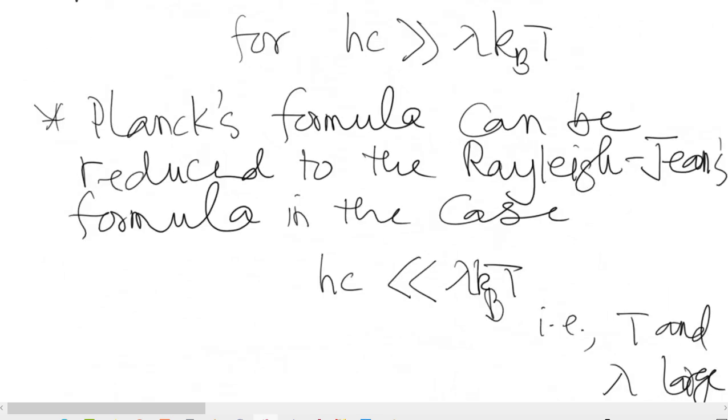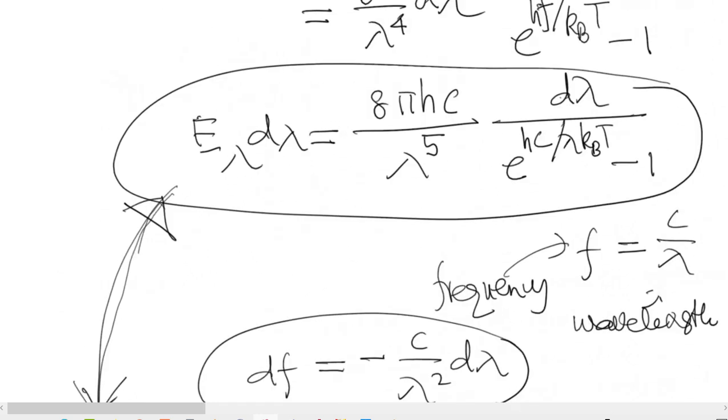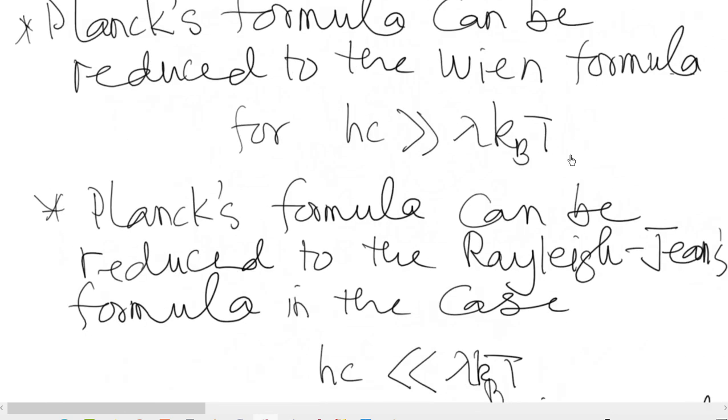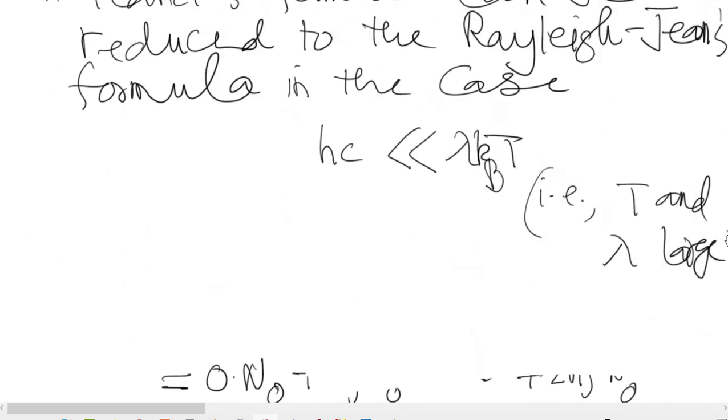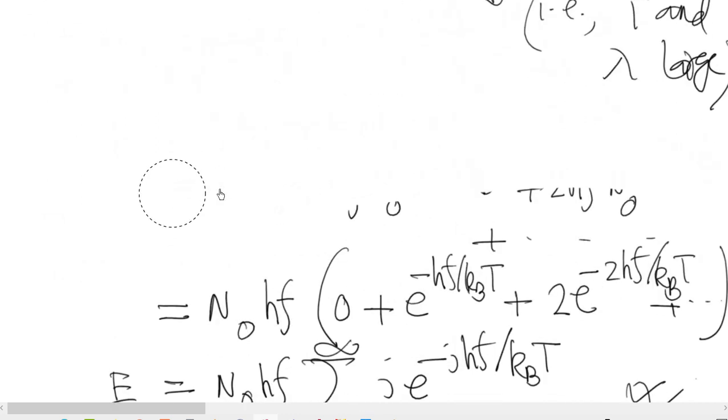And in the previous case, in the Wien's formula, lambda and T are small. I think this will be clear to you if you follow my lecture note that is uploaded in the Google Classroom.